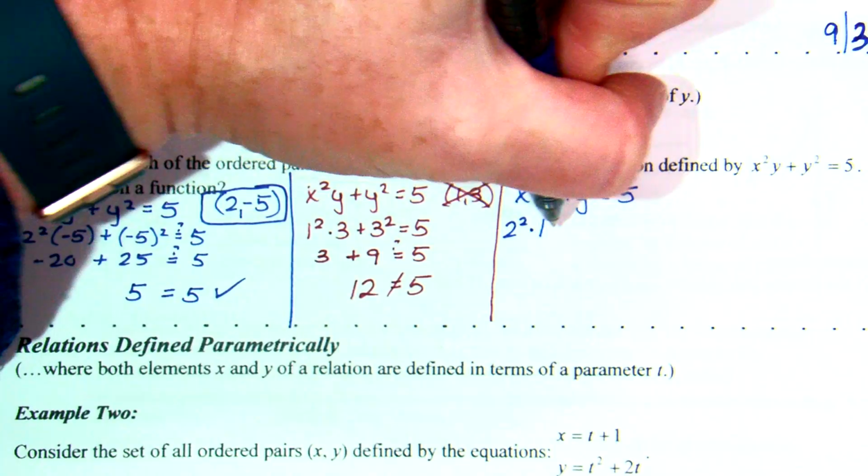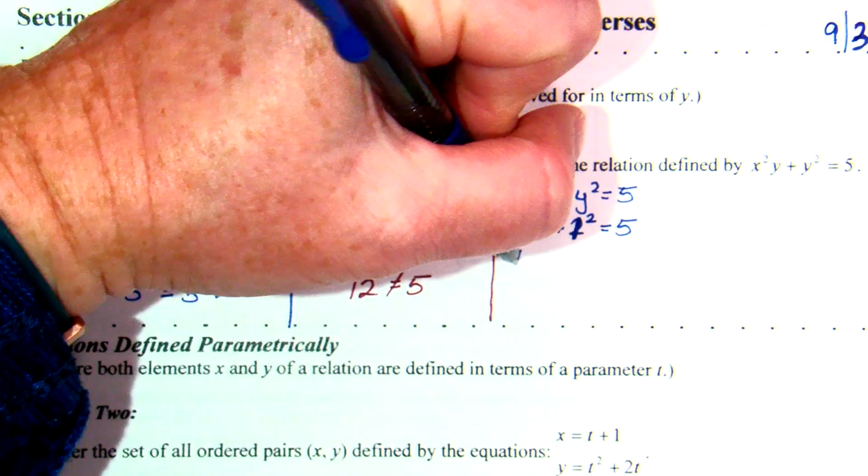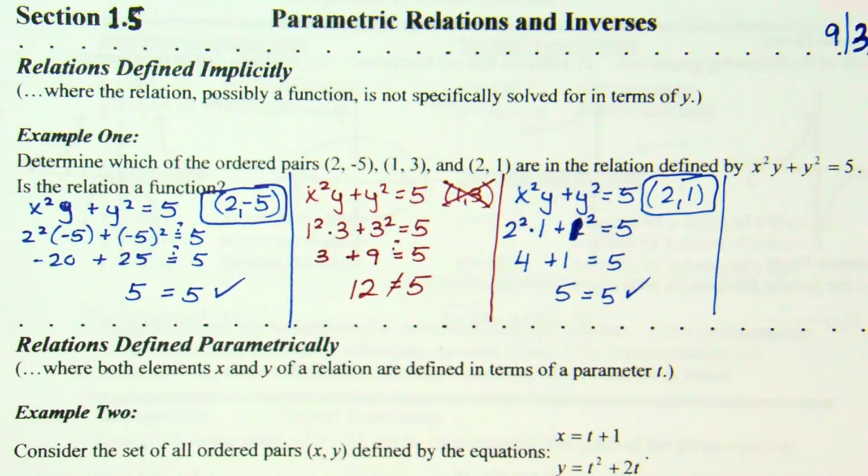Let's see. 2 squared times 1 is 4. 1 squared? 1. And 4 plus 1? 5. Does 5 equal 5? Yes. So this is the ordered pair 2, 1. Okay, so which of the ordered pairs are in the relation? It was the 2, negative 5 and the 2, 1. 1, 3 was not in the relation.